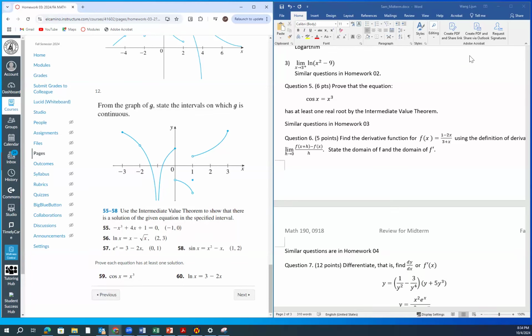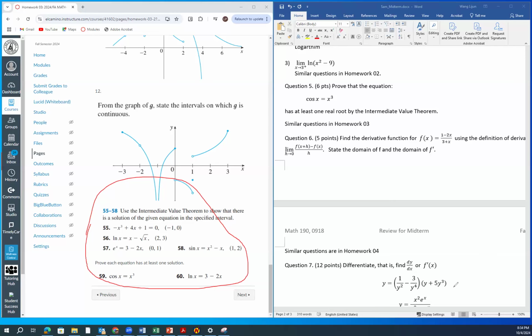So we don't have a whole lot of choices, right? And how to apply the intermediate value theorem? We have at least 2 recordings about how to do it. Okay, how do we quote the theorem? How do we check the conditions? And we didn't have 8 questions. We just have 6 questions. You should know how to do each one of them.